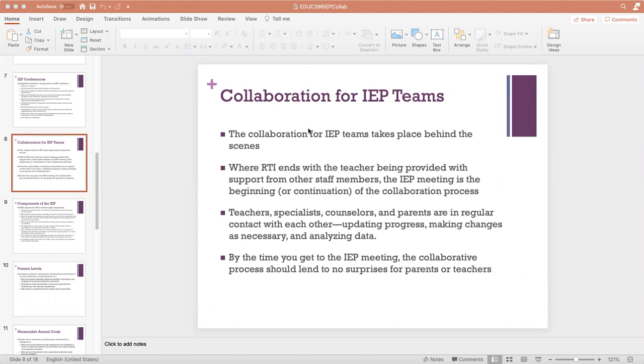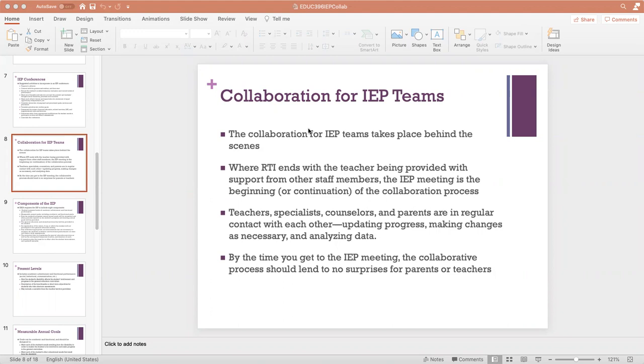So that behind the scenes is really referring to the ability of your educators, your paraprofessionals, your parents, your administrators, your service providers to collaborate and work together throughout the school year. In the RTI process, we come together for these meetings, we collaborate, and then it's one teacher and one support staff that go off and do their thing and report back.